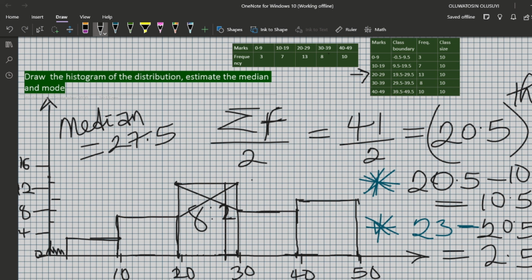And I go to the two bars beside it, this bar and this bar. I draw a diagonal line here, and another one here to this end. Then I go to where they meet. This is where they meet, right? Where they meet, I draw a straight line down.